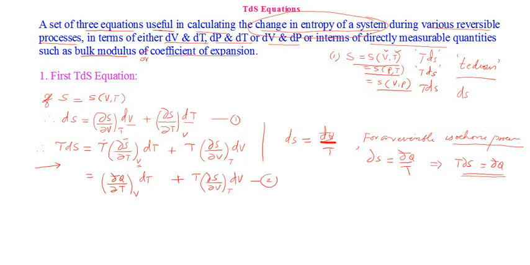You can give some equation numbers as per your liking. I'm just giving it so that I can pause. Now, two things. What is dou q by dou t at v? Can you recall what this is?